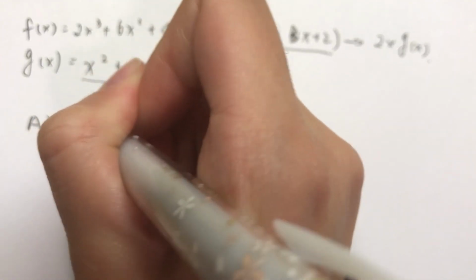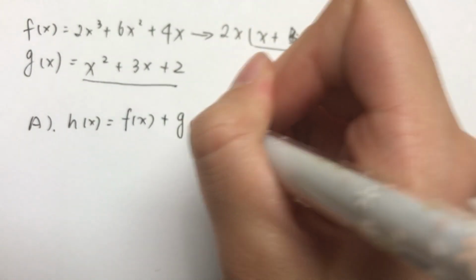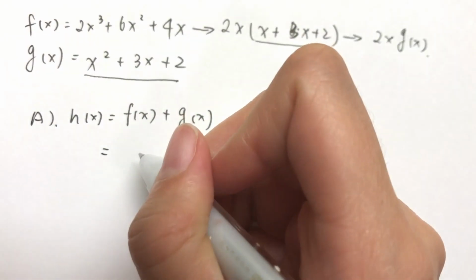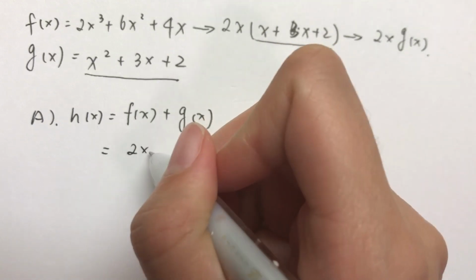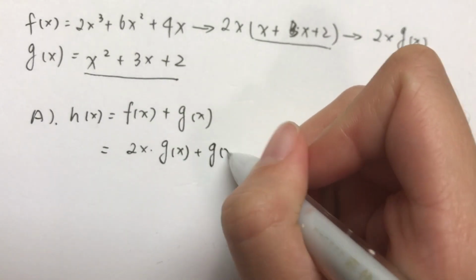For choice A, h(x) equals f(x) plus g(x). So f(x) is equal to 2x times g(x), and then we plus g(x).